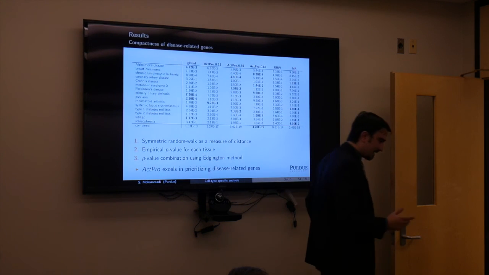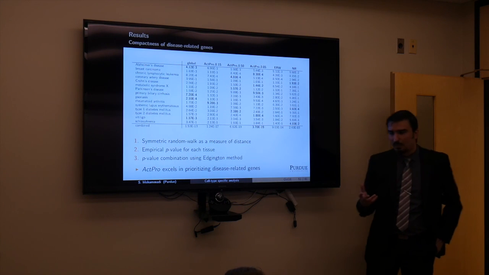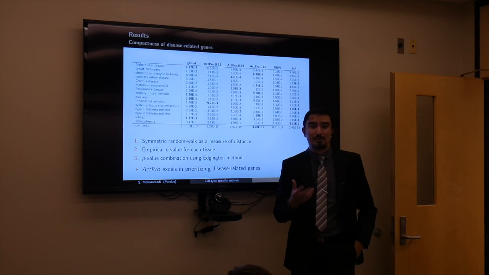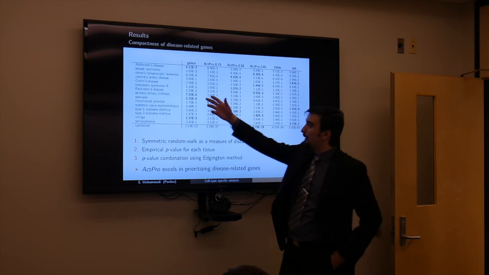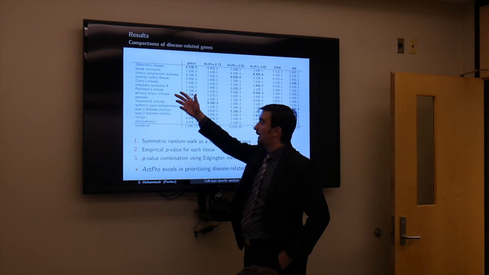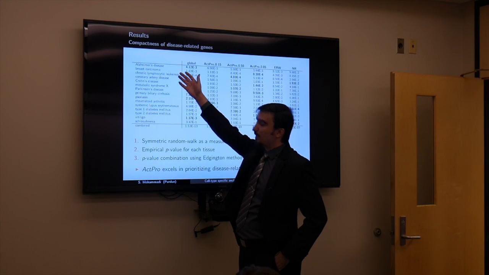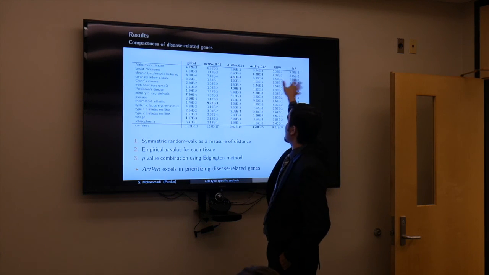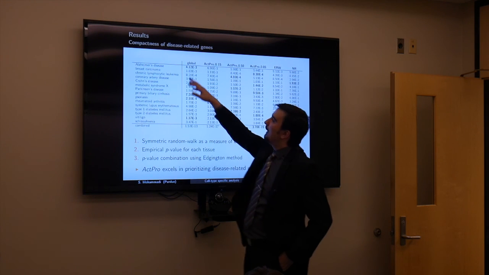The other question is, if we use these networks, can we predict disease-specific genes in tissue-specific disorders? For example, if we use a brain-specific network, can we predict Alzheimer's disease-related genes better than using the global network or networks created by other methods?